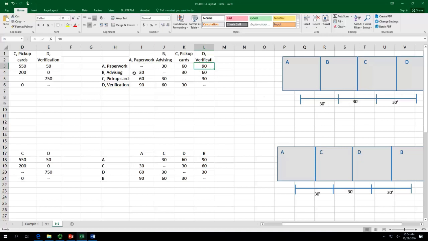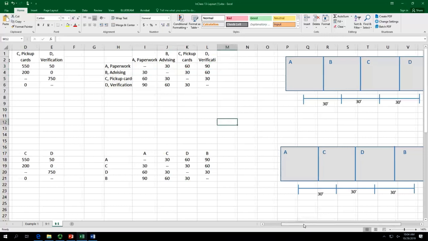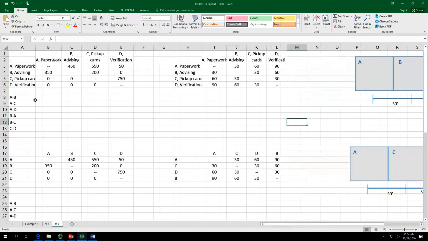And if you consider B to A and C to A, the data is exactly the same as over here. We want you to find out the total handling, not just the moving distance, but considering the people and the distance of the layout.